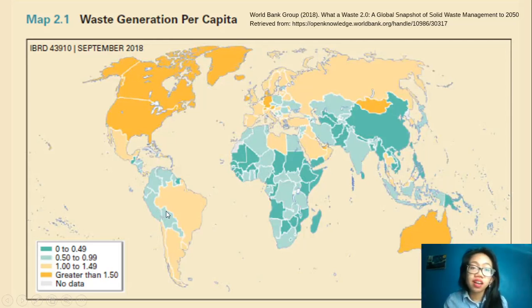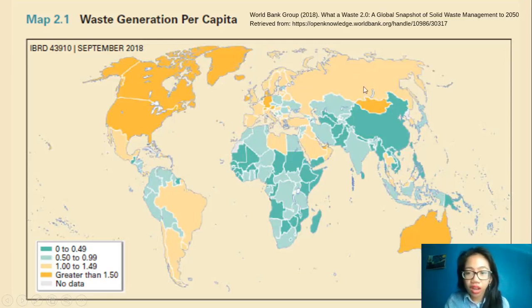That's the general data we got from the first world countries, except Mongolia. I'm not sure of Mongolia's classification. Then we also have 1 to 1.5 kilos, the ones in faint colors. So we have some parts of America, like South America.